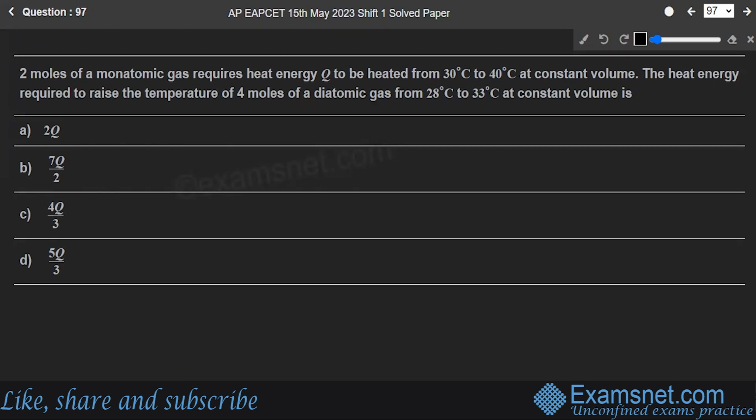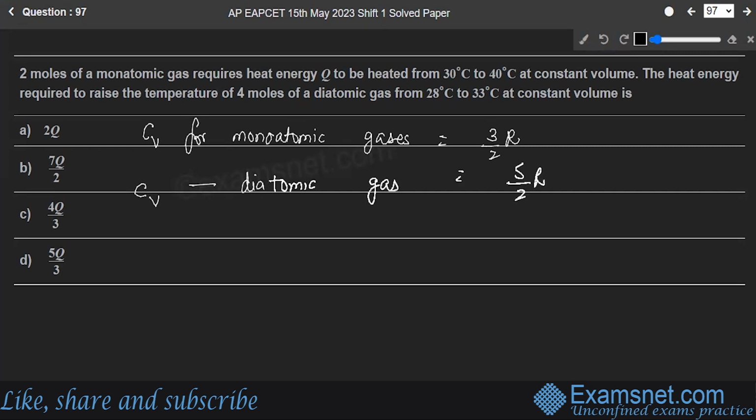See, we are talking about the constant volume. So the heat capacity at constant volume for monoatomic gases is 3 by 2R, and the same for diatomic gas is 5 by 2R.